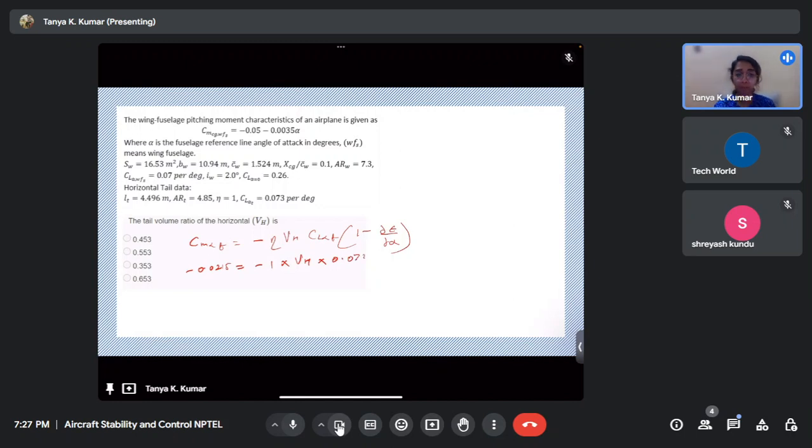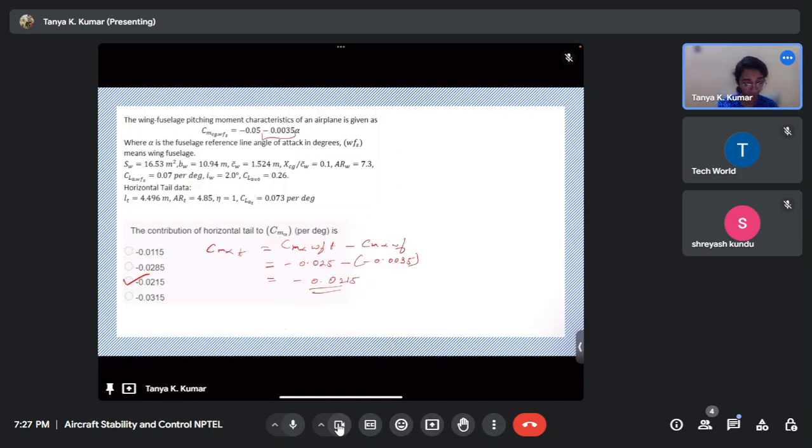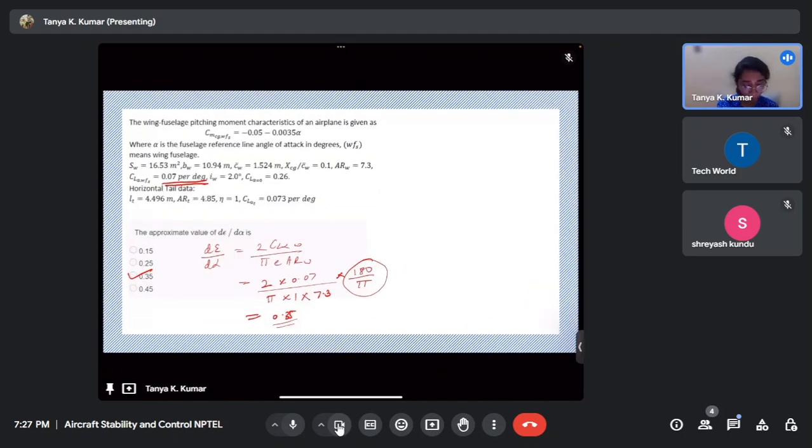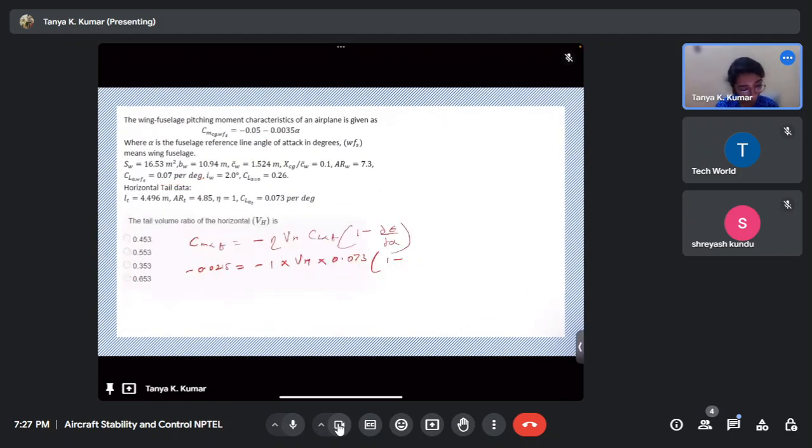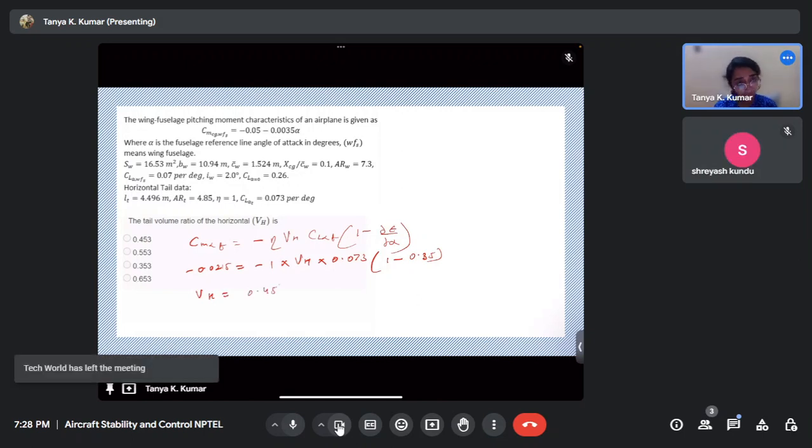Here, since both of them are in per degrees, you can leave it as such. Okay, and 1 minus dou epsilon by dou alpha is a unitless parameter, right? So it's dimensionless. So it's 0.35. And when you substitute all these, you get VH as 0.453. Correct, you're absolutely right.